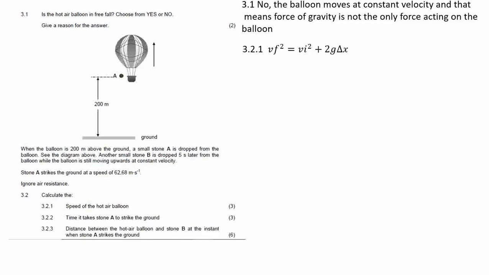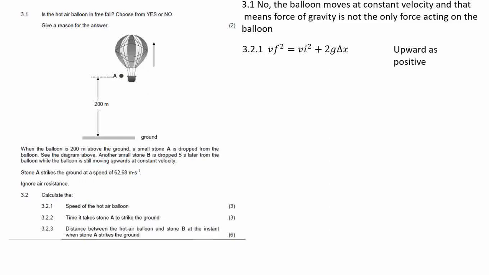Now note this: when an object is thrown from a moving object, it can be a car or a balloon, its initial velocity is the same as the velocity of the moving object. Before calculating, we have to choose a direction, and in this case we chose upwards as positive.